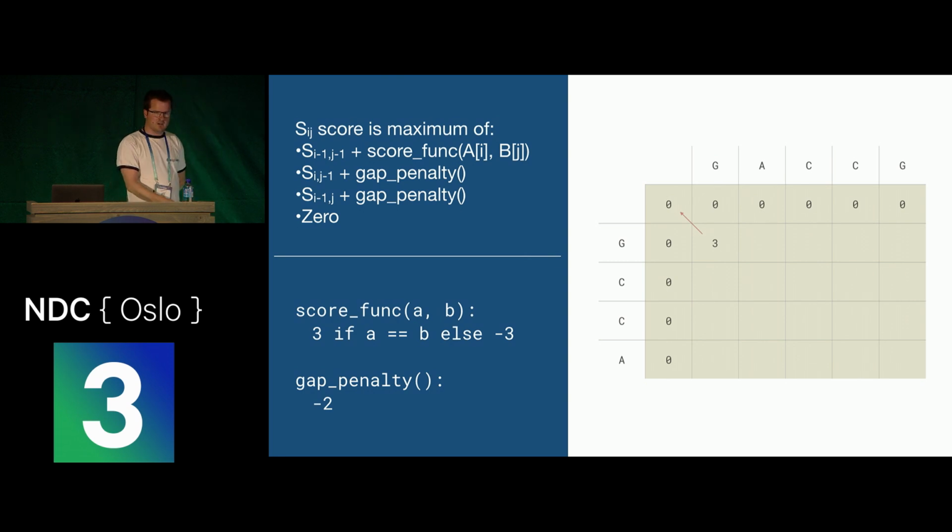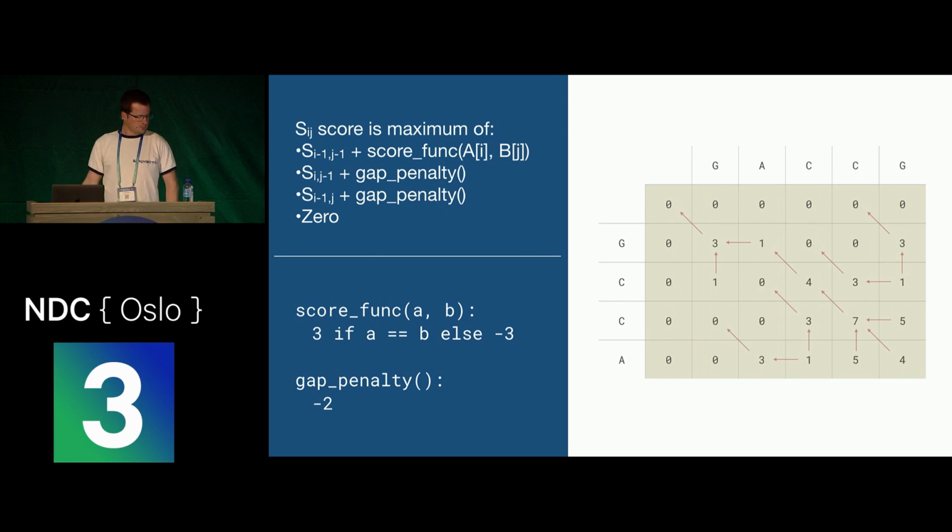It's possible to have two arrows, maybe even three, coming out of any of these scored cells. So we have to keep track of those, and these are the arrows we follow to do the backtracking later on, to calculate the actual match. We then move through the grid left to right like reading a book, and we fill it up with arrows as we go along, and ultimately we end up with something that looks like this.